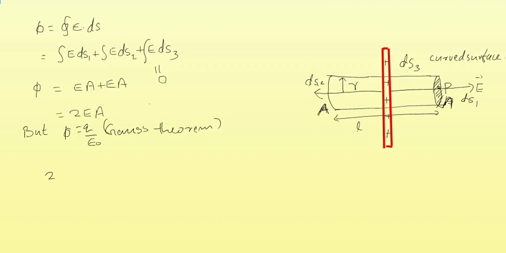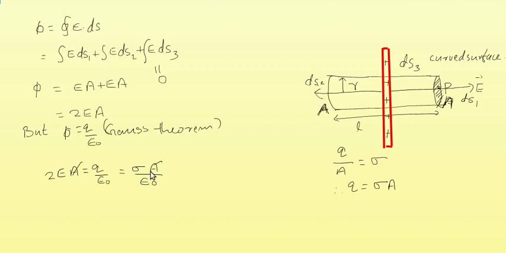Therefore now you can rewrite this equation as 2EA is equal to Q by epsilon 0, because these two belong to electric flux. So if the LHS are equal, the RHS should also be equal. And what is Q? From our previous discussion we have seen that sigma is equal to Q by A. Therefore Q is equal to sigma A. Now we can replace Q by epsilon 0 with sigma A by epsilon 0.